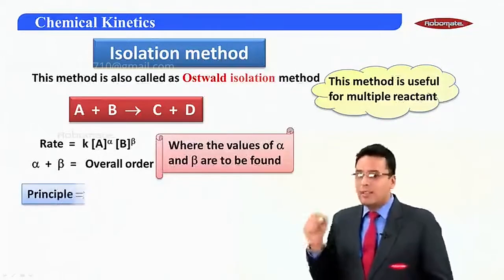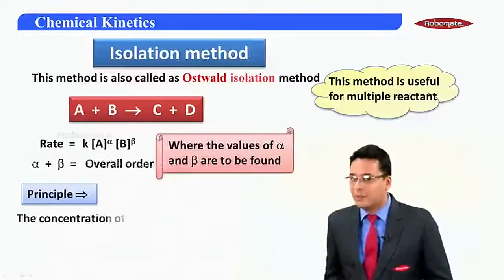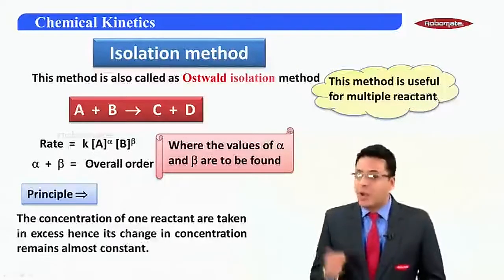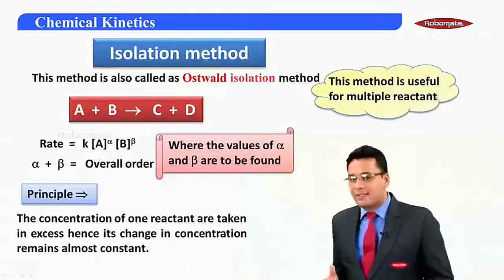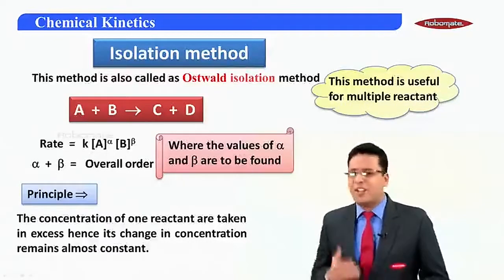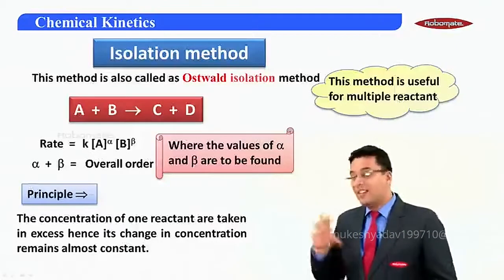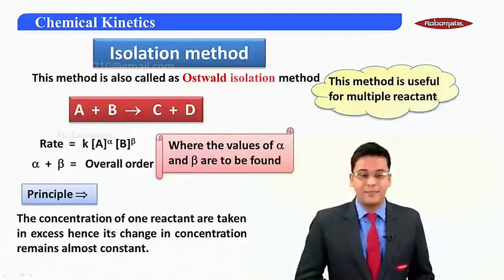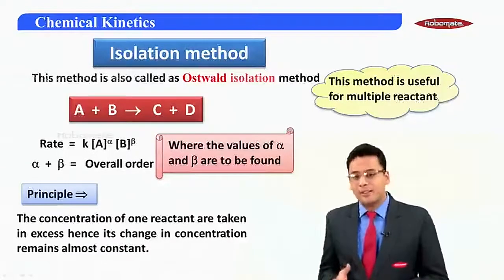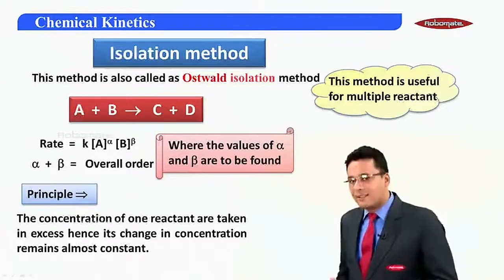So here's the basic principle behind this isolation method. The concentration of one reactant is taken in excess. Hence, its change in concentration is almost constant. This is pretty much like the pseudo first order reactions that we had seen. So here, we take one reactant much more in excess.